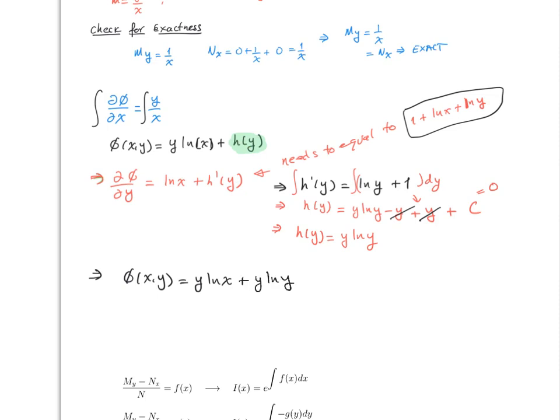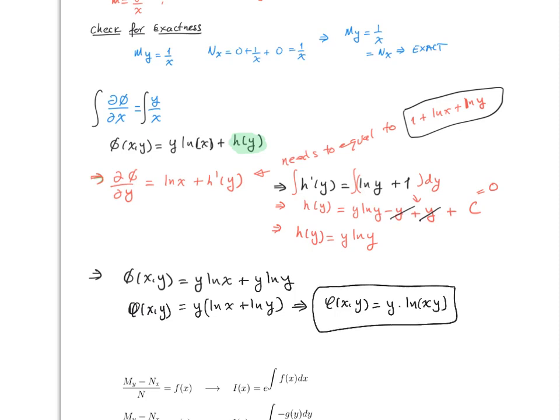And this is perfectly fine, but you can factor y, and this will be ln x plus ln y, and most likely the answer on the back of the book is going to be like this: phi of x y is going to be equal to y times ln x y, and that's the answer.